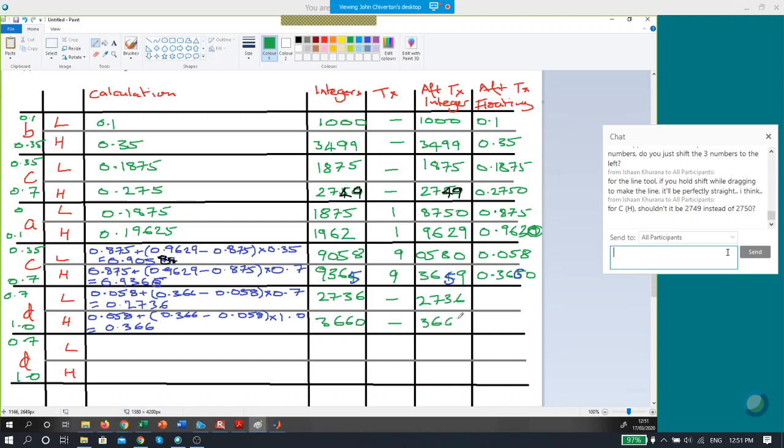Same idea, those stay the same. And then we can repeat the calculation.